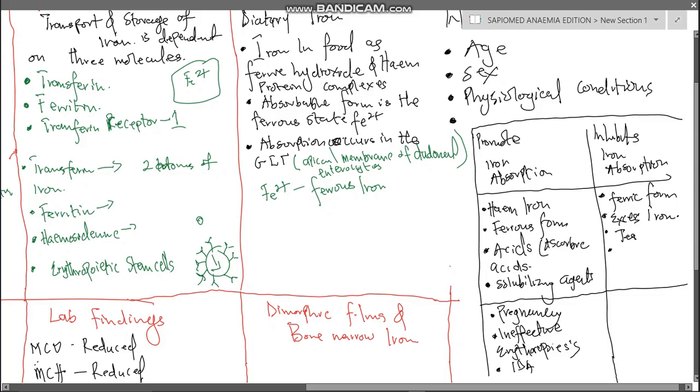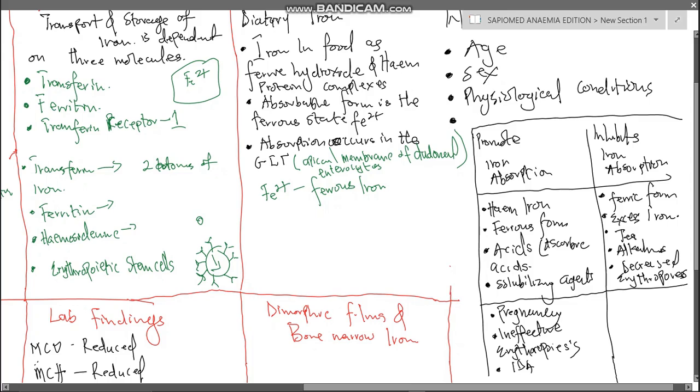Then also, since acids promote absorption, alkalines inhibit. Then decreased erythropoiesis. I think that way it's all right.